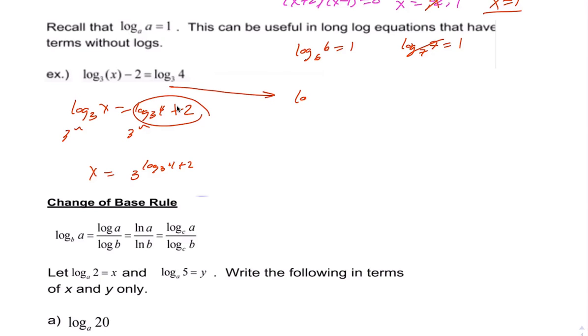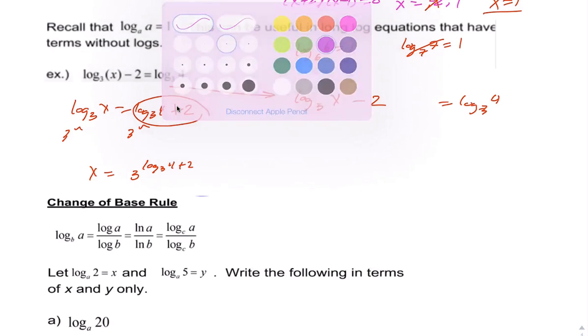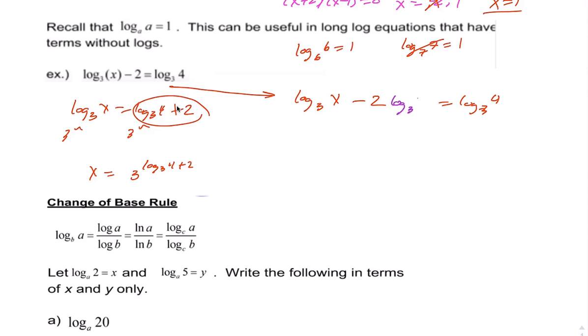We're going to write it like this. I'm going to make this 2 into 2 times log base 3 of 3. Because log base 3 of 3 is this 1, so it's still fair. Then what I could do is I move this 2 up, and I get log 3 of x minus log 3 of 3 squared equals log 3 of 4.